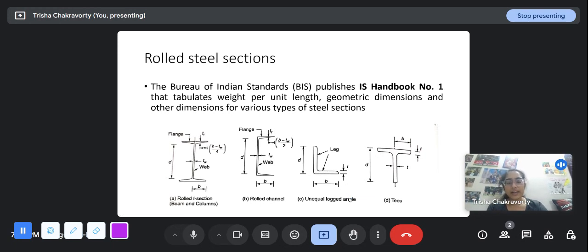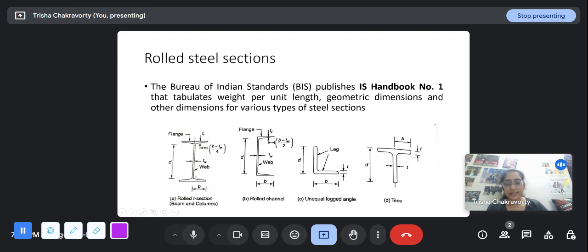Now, unlike concrete, where we use primarily square, rectangle, or circular sections of any dimension that we wish, that we get from design, in steel we use certain predefined rolled steel sections. The Bureau of Indian Standards (BIS) publishes a handbook, IS handbook number 1, which is also called SP 6 1, and they tabulate properties corresponding to each of these sections.